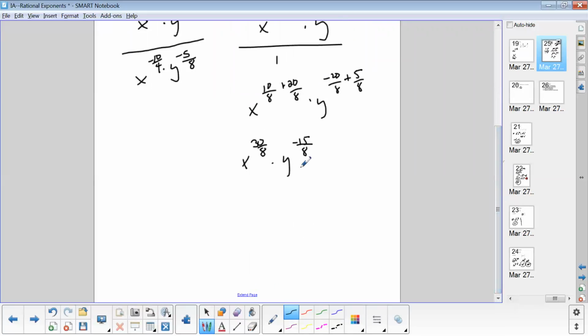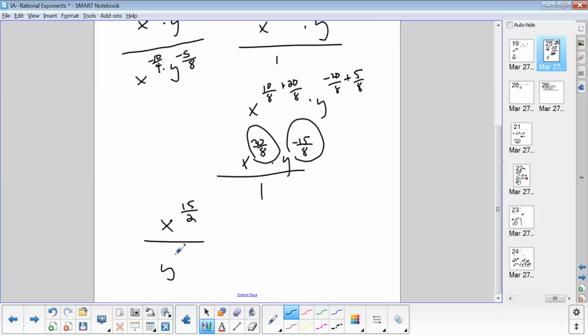Well, one of those can move to the denominator because it's negative, and that would be this one. And 30/8 can simplify, both divisible by 2, so that'd be 15/2, and y to the 15/8 would be in the denominator.